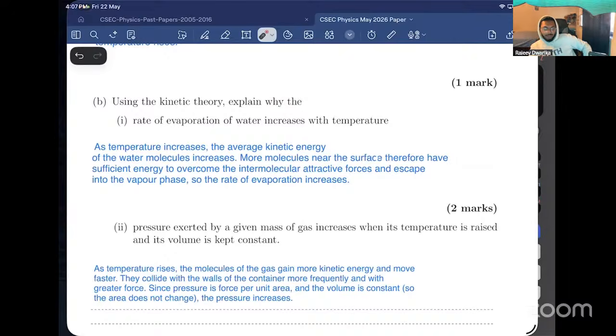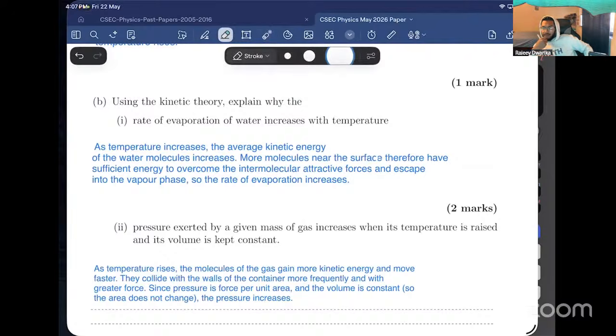So here, if you wanted, you could have said E is equal to mL_v, because you're dealing with evaporation. Earlier, we looked at the difference between evaporation and vaporization. Evaporation only occurs at the surface.